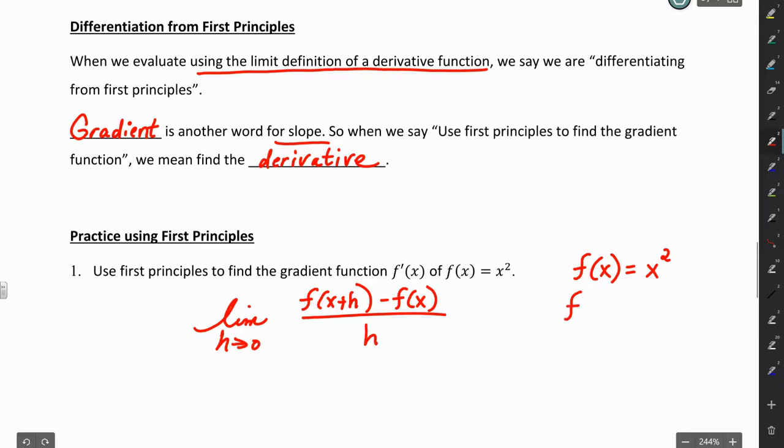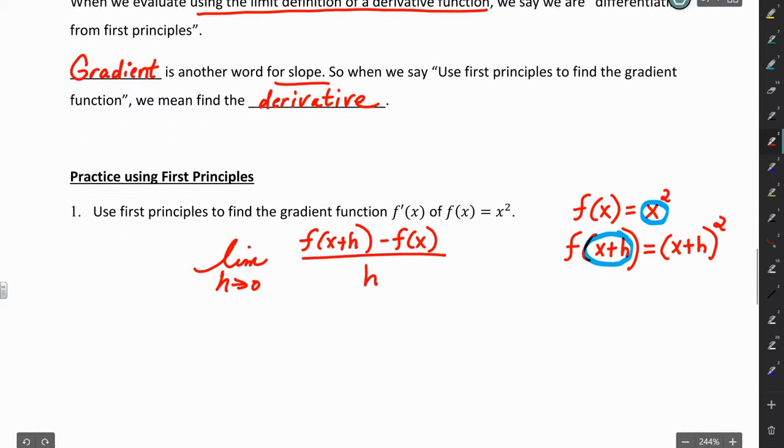But I need to know what f of x plus h is. So I'm going to replace x with x plus h. So f of x plus h is just (x plus h) squared. You replace x with x plus h. All right, so let's go back to our limit definition.